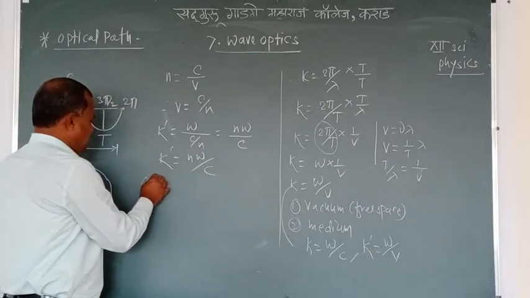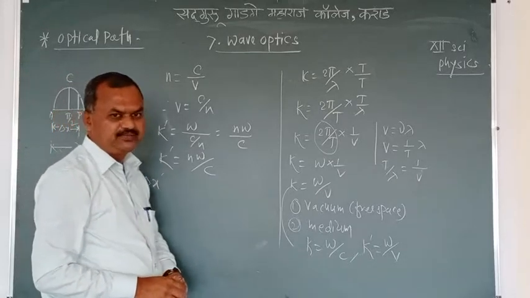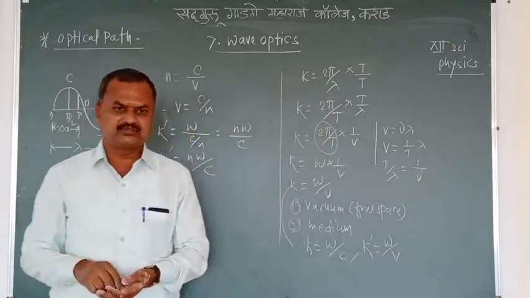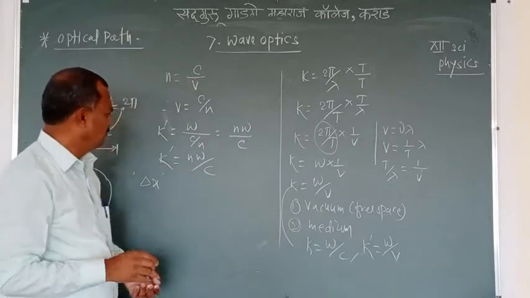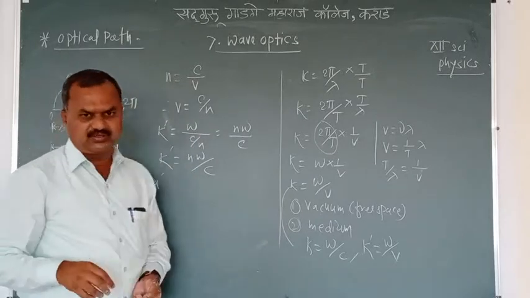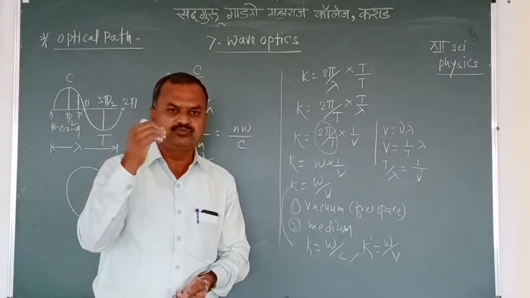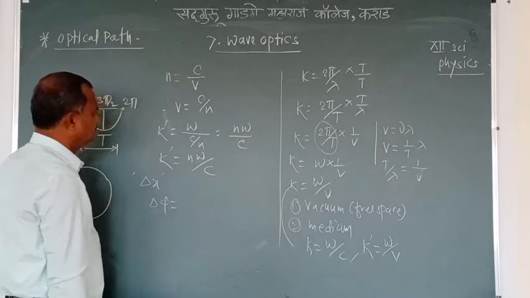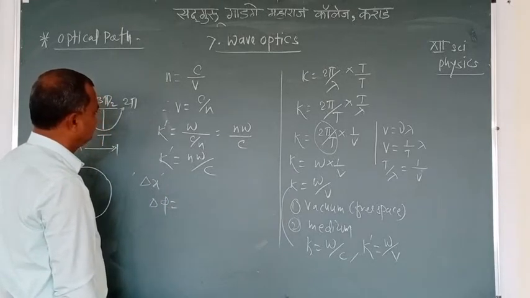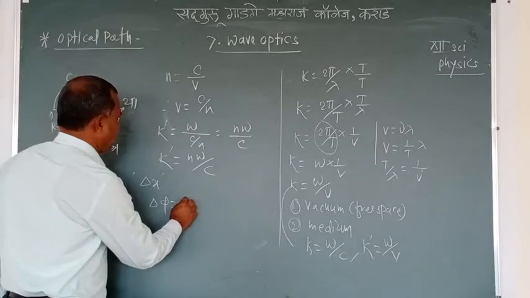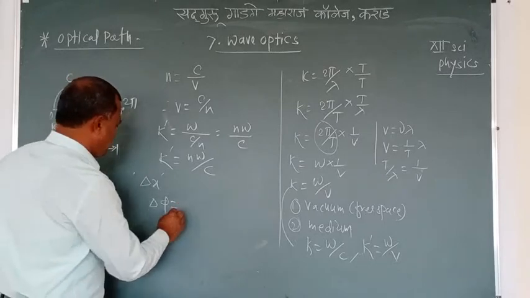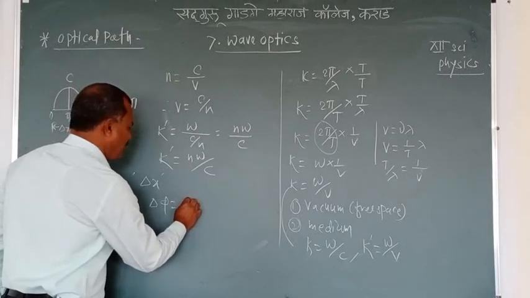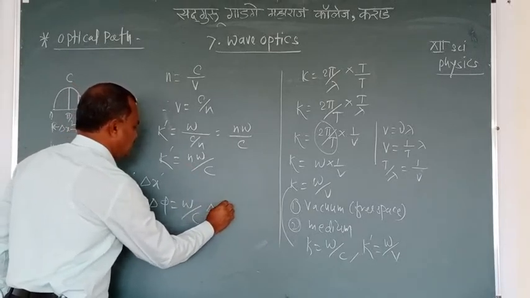Suppose delta x is the path difference when light travels in vacuum or free space. Then the phase difference of that wave while traveling through vacuum is given by the formula delta phi equal to omega divided by c into delta x.